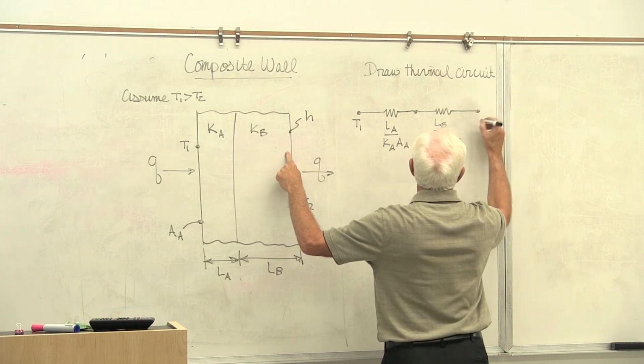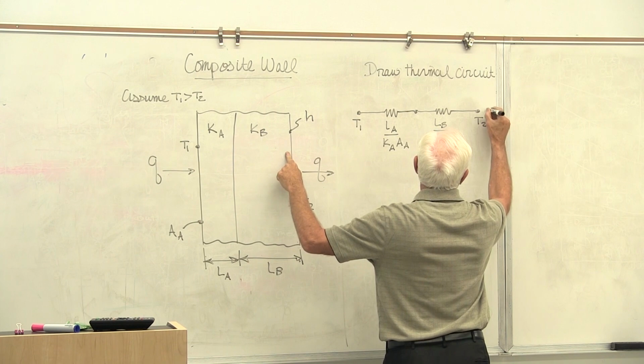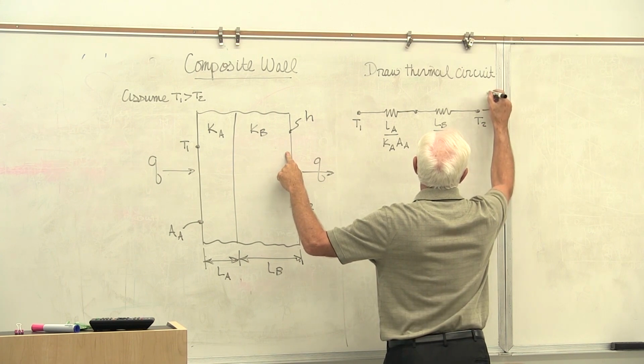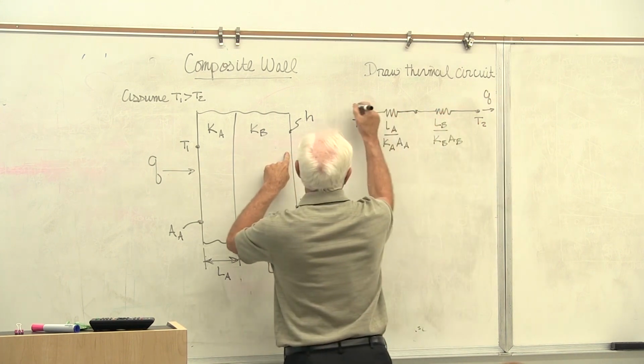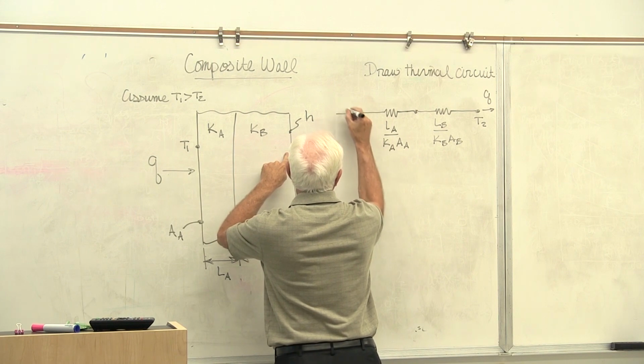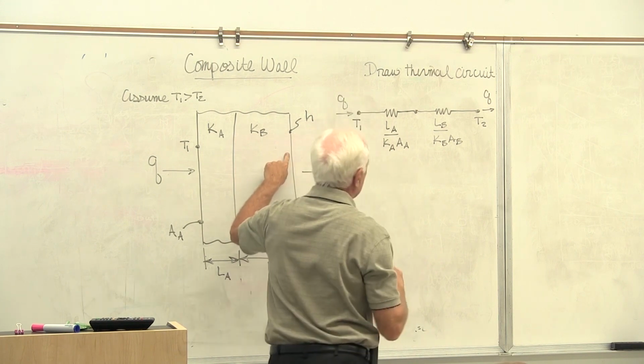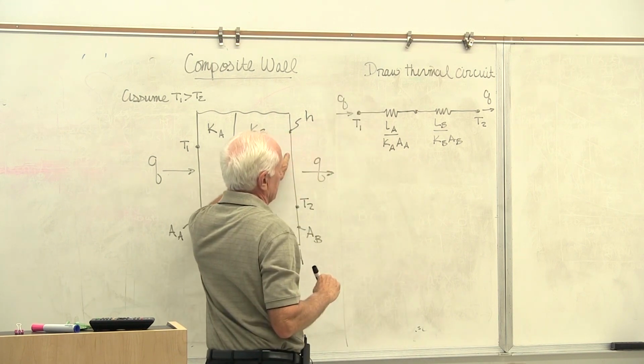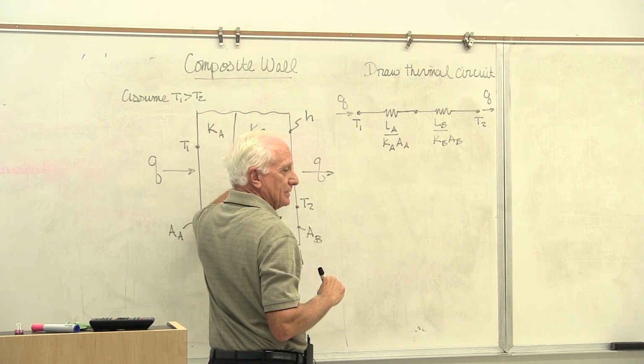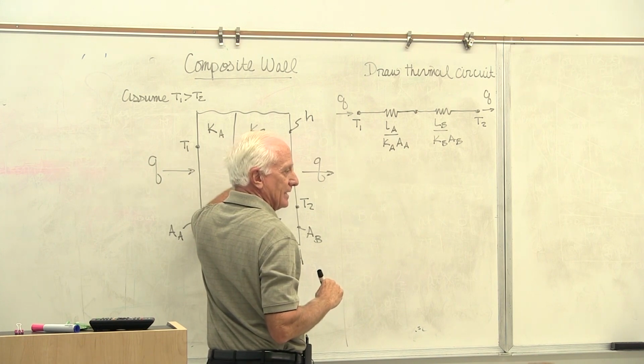And that gets us to temperature T2. And the heat flow coming into the circuit is Q. I'm doing it just like I would do a DC electrical problem, analogous to that.